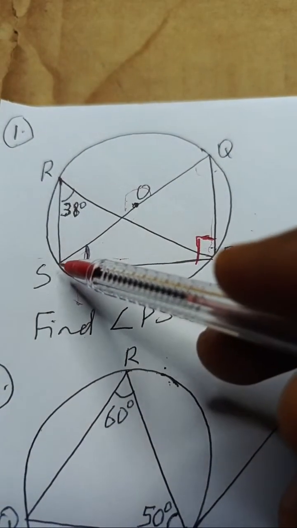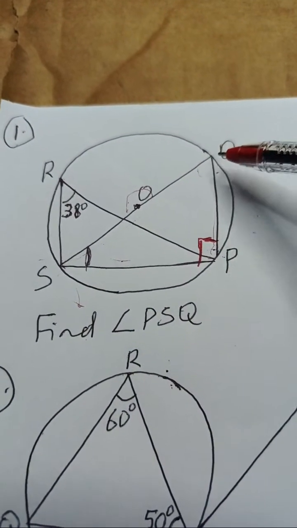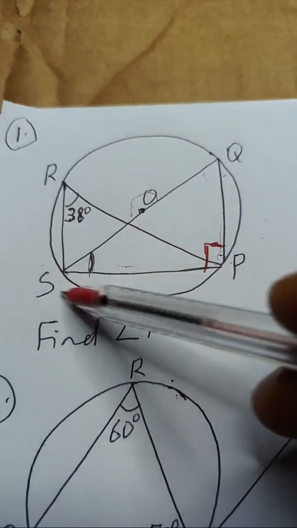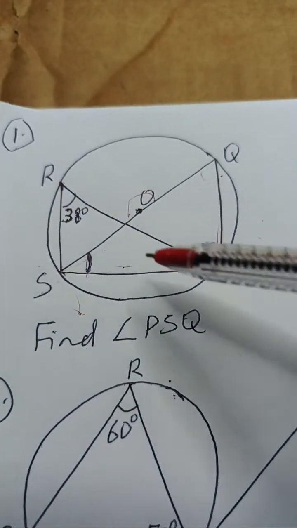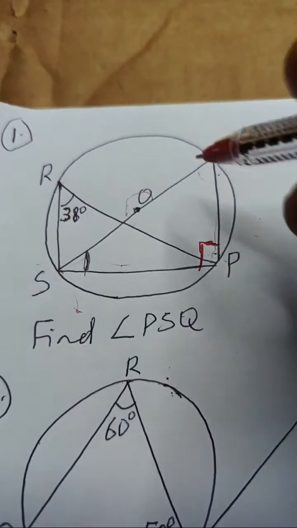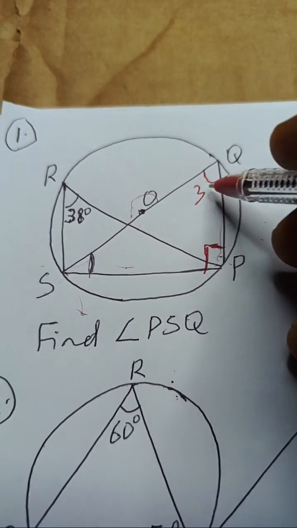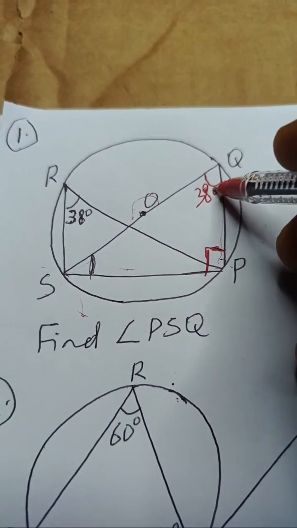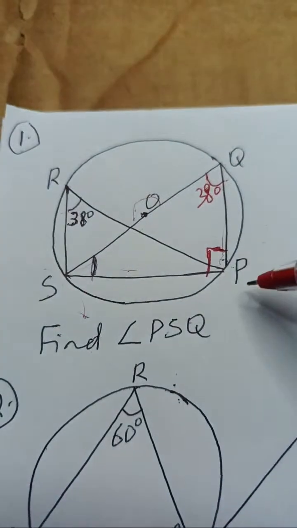It is also from the line of X and the line of P. So angle R and P are from the same father and mother. That's what I always say. So for this to be 38, this also should be 38. We call it angle on the same segment. So this is 38, this should be 38 because they came from X and P together.